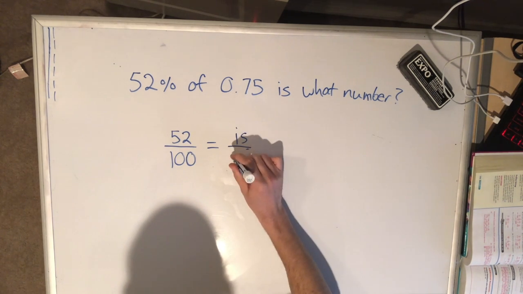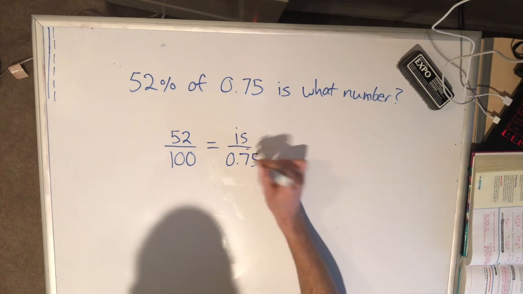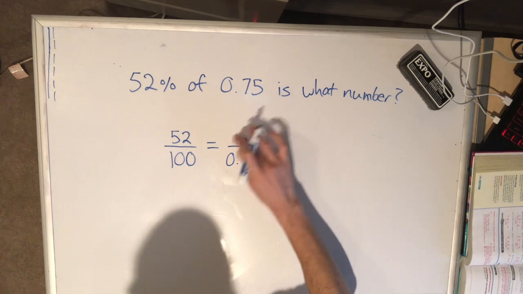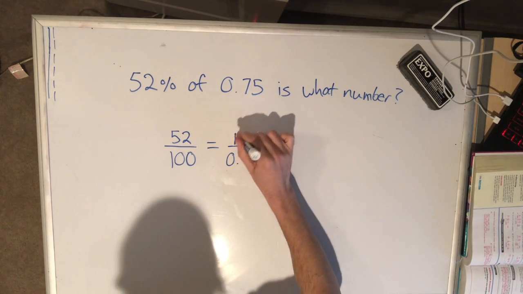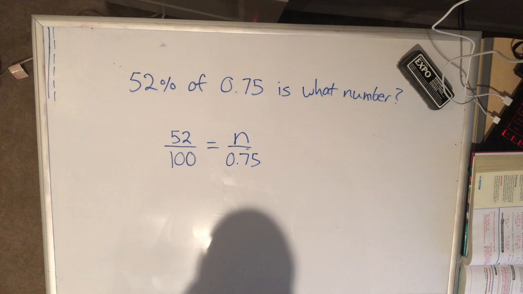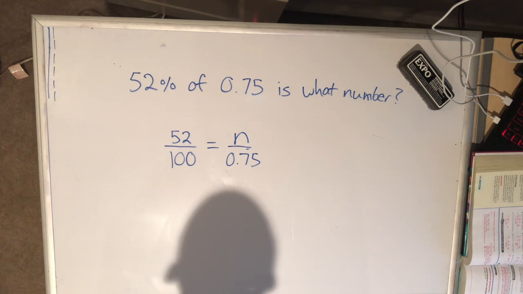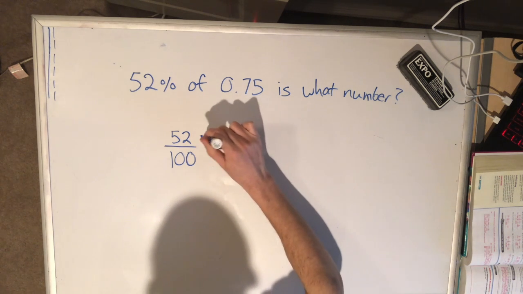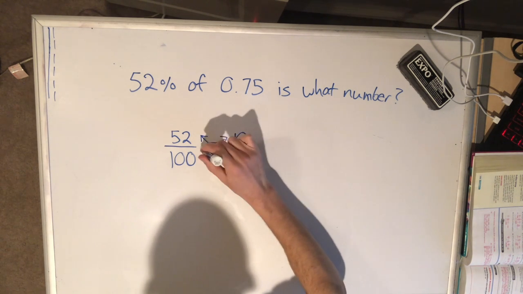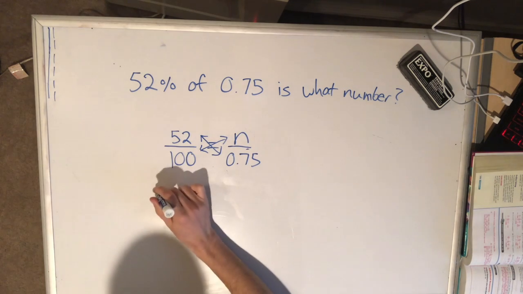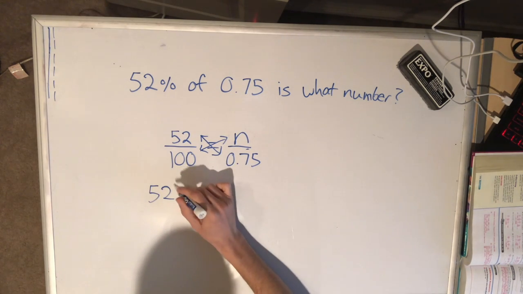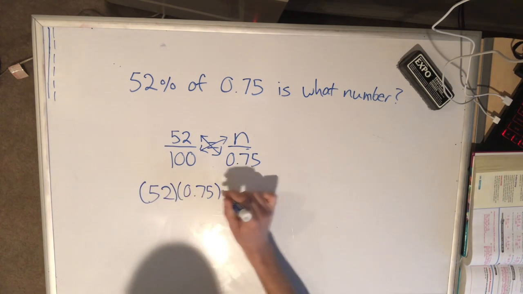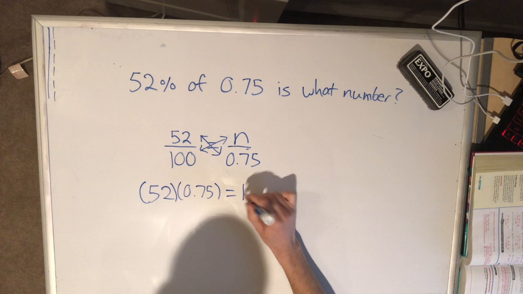So let's replace of with 0.75 and let's solve for is. Let's put n there for the is number. We have equal fractions, so we can cross multiply. So multiply the diagonals to make them equal to each other. 52 times 0.75 equals 100 times n, which is 100n.